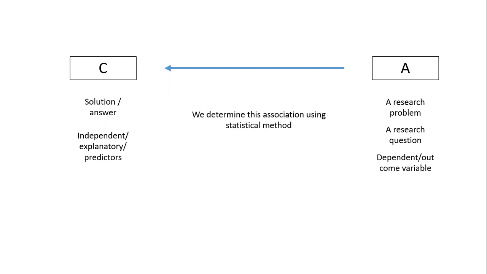Once we find out the potential variables that might have a plausible effect on variable A, we will determine if these two variables have any sort of association with each other. We determine that association using statistical measurements.